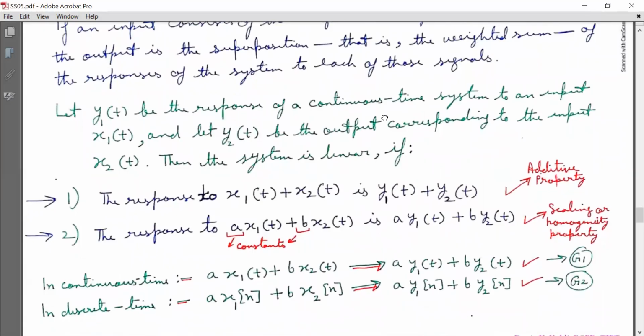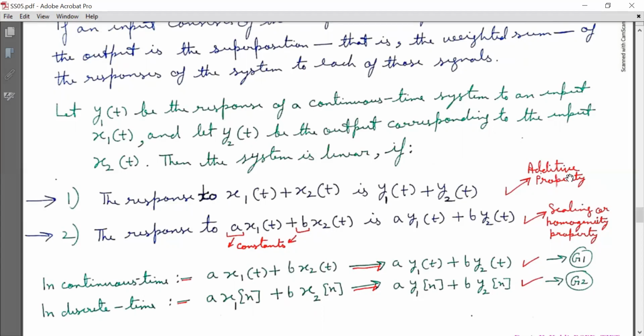Now, in detail, we will discuss. Let y1t be the response of a continuous time system to an input x1t, and let y2t be the output corresponding to the input x2t. Then the system is linear if, number one, the response to x1t plus x2t is y1t plus y2t.